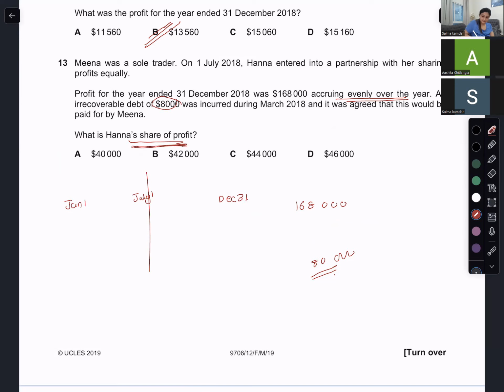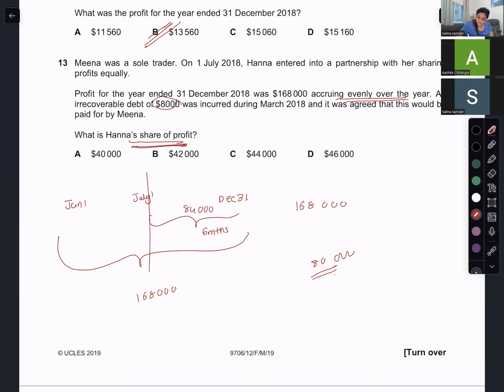For the full year it is 168,000. From July to December is 6 months, so 168,000 divided by 2 is 84,000. Are you with me?